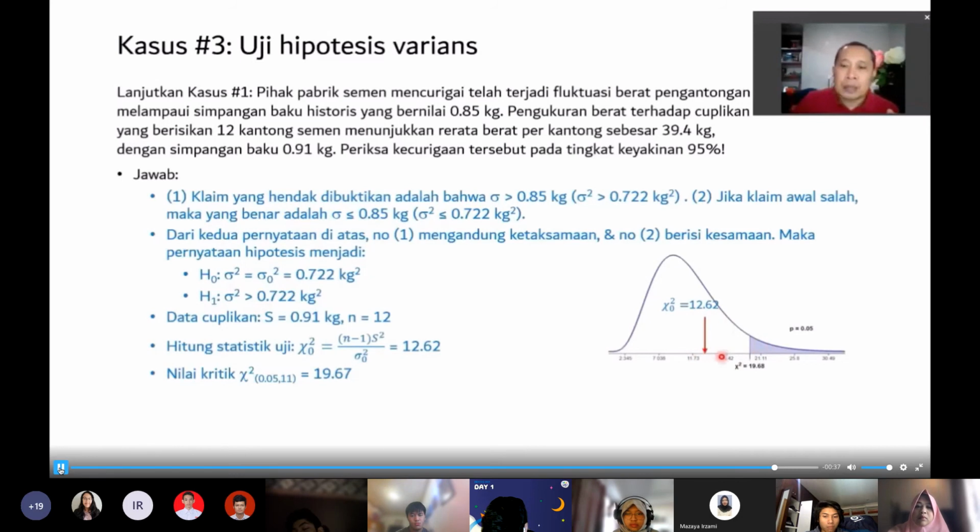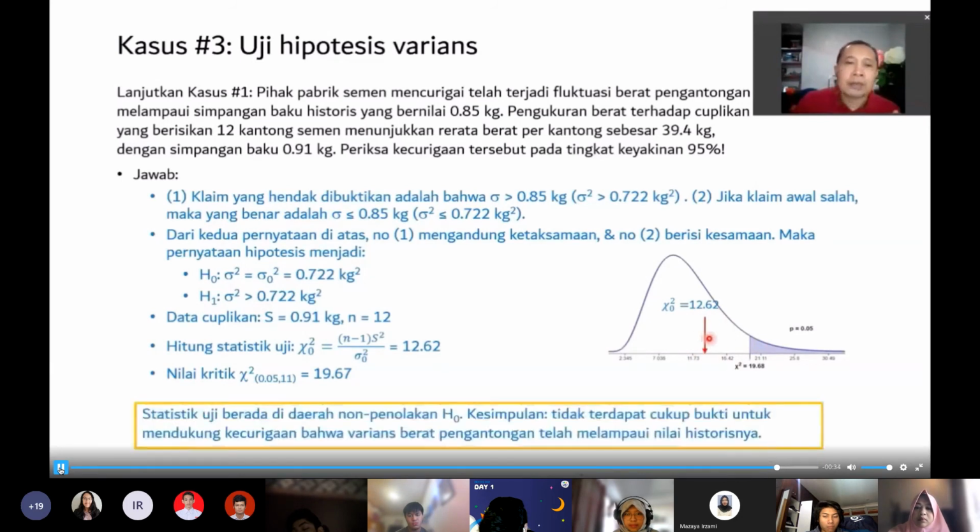Jadi Anda bisa melihat dengan jelas bahwa statistik uji berada di dalam daerah non penolakan H0. Jadi kita simpulkan tidak terdapat cukup bukti untuk menolak H0. Atau kalau ada elaborasi kata-katanya, tidak terdapat cukup bukti untuk mendukung kecurigaan bahwa varians berat pengantongan telah melampaui nilai historisnya.